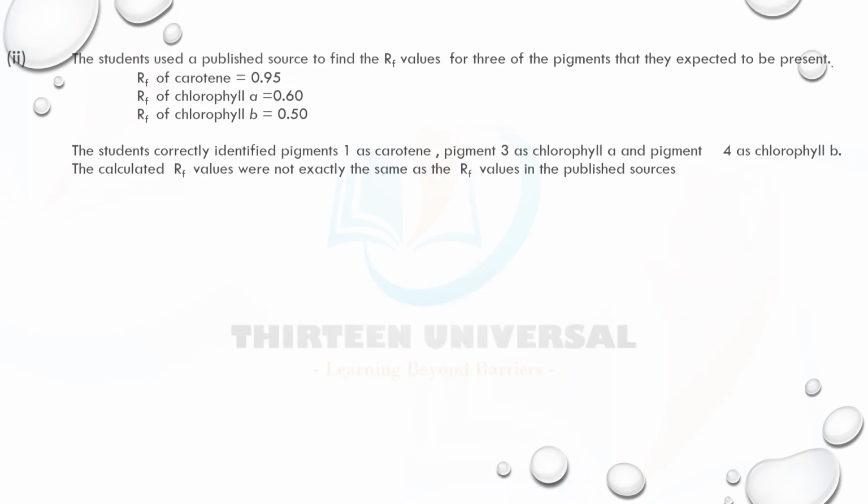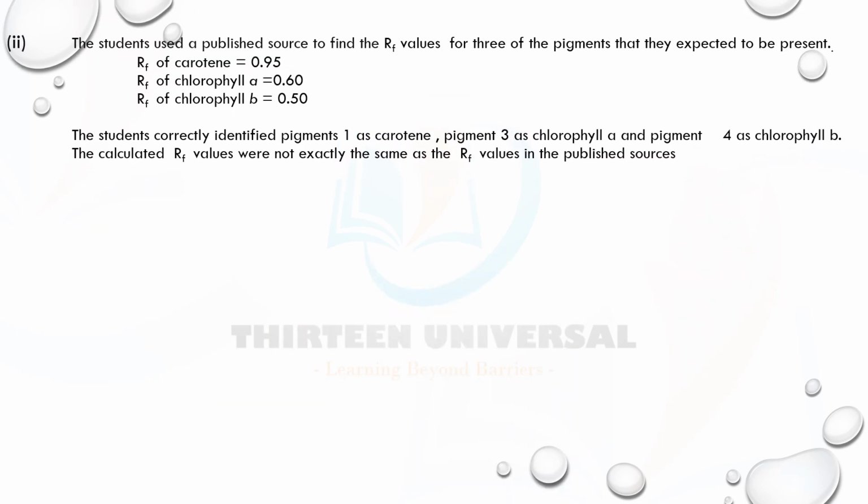One mark. Now they said the students used a published source to find Rf values for the three components that they're expected to be present. This is the published one, so we use this to compare with what we worked out in the experiment.